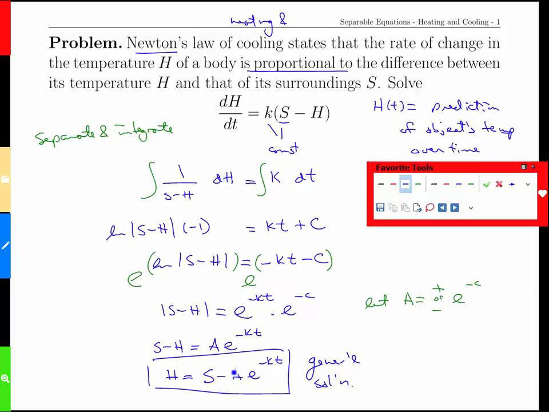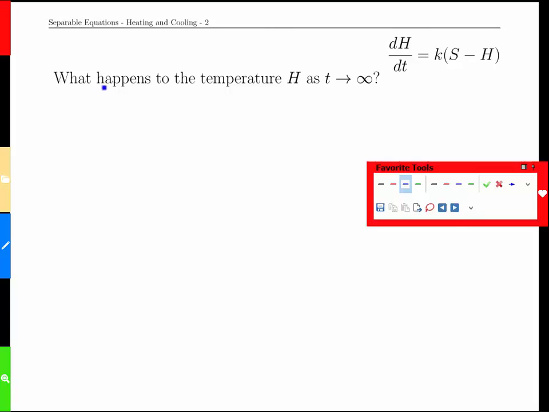Now it's worth asking a couple of questions about this precisely because we have some intuition about what happens when we take hot and cold objects and put them in environments. So what happens to the temperature of the object as time goes to infinity? What we're imagining here is the solution graph, and that graph would be a function of t, where H is our value, and S is the environment temperature.